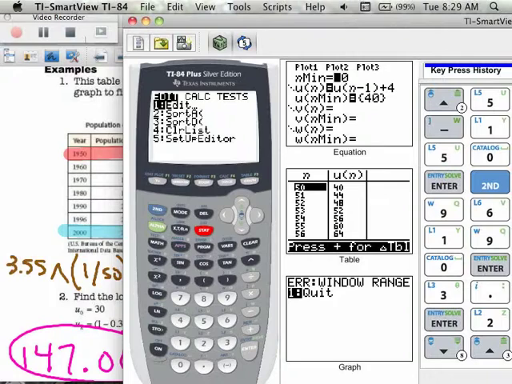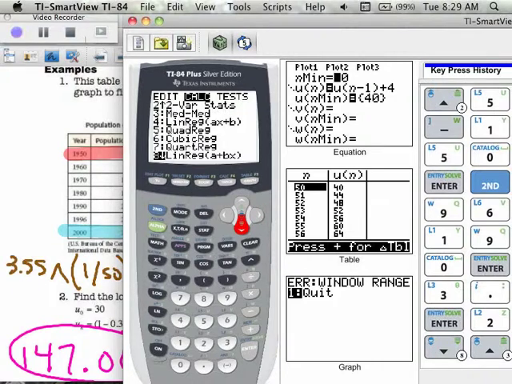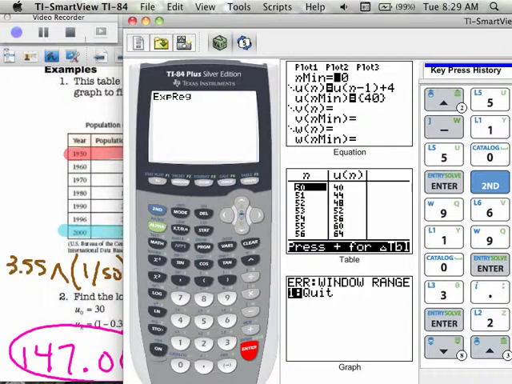You can go to where it says calculate, and if you scroll down to the one that says EXP, which stands for exponential, which on mine is number 0, and hit return, it'll say do an exponential regression.